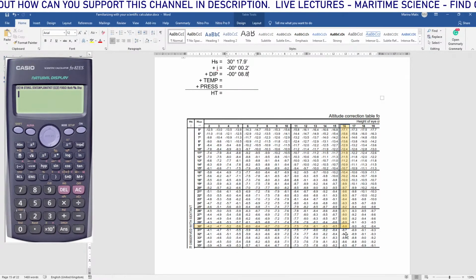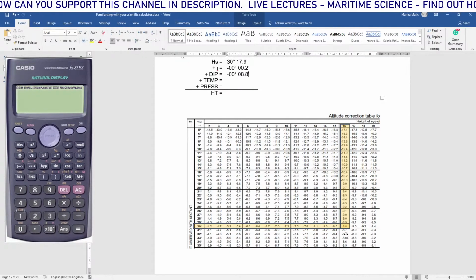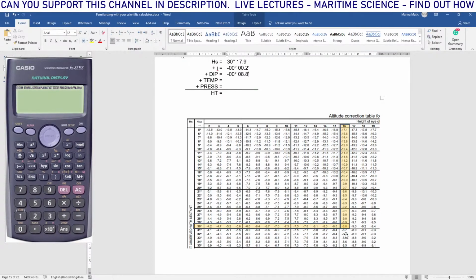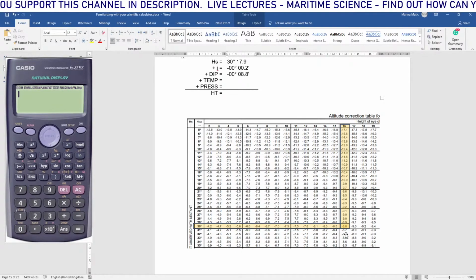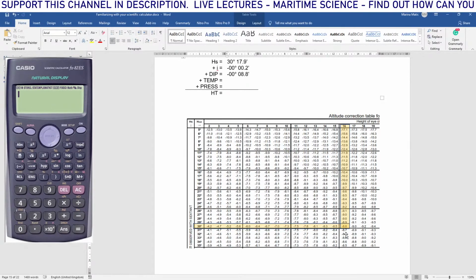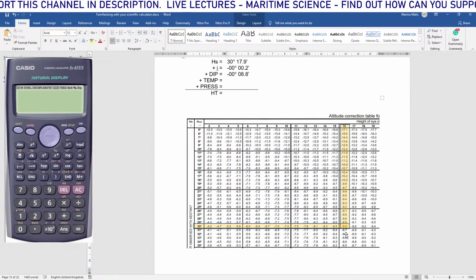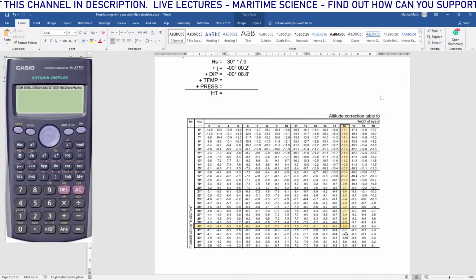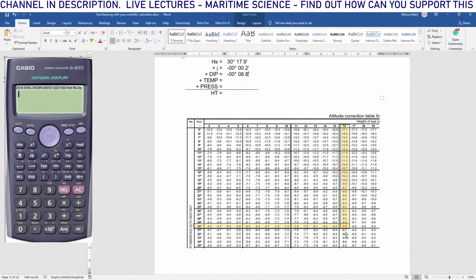That is 8.7. If the height is 30 degrees 14 minutes, I would take the value that belongs to 30, and if my height is 30 degrees 46 minutes, I would take the value that belongs to 31. So it is visual interpolation.